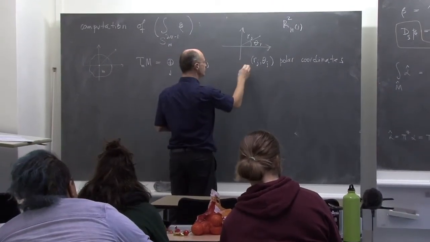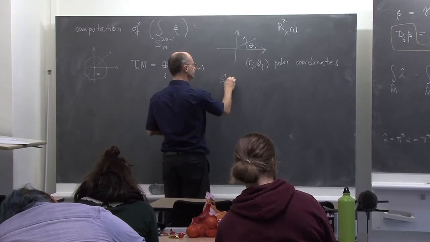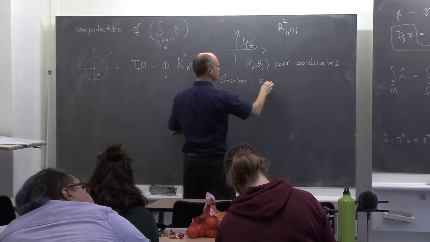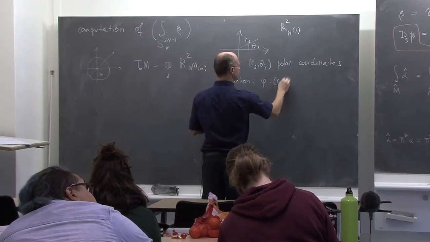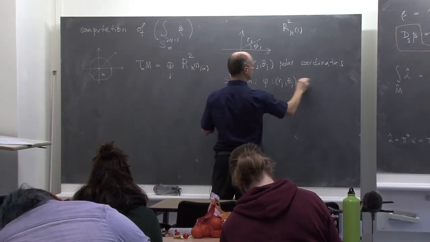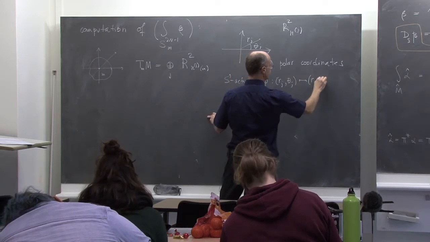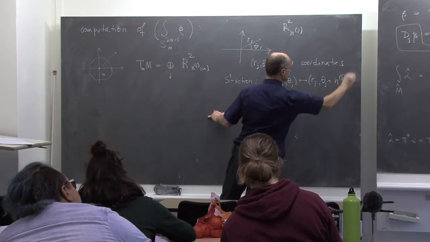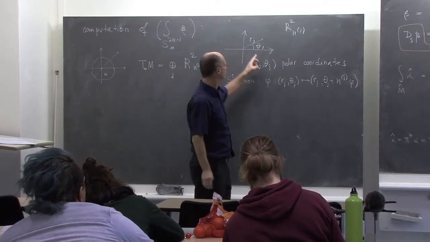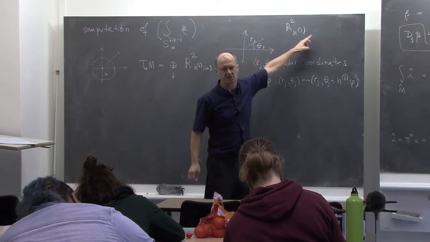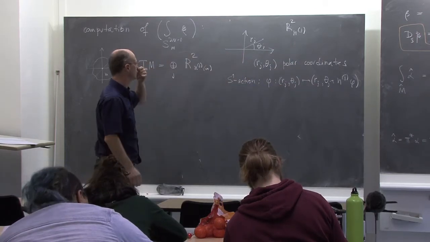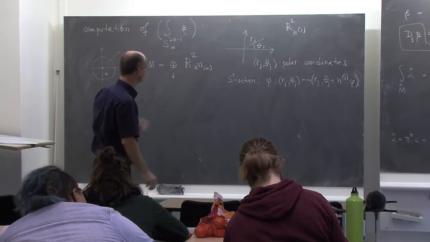So the S1 action here works as follows. Phi maps r_j, theta_j to r_j, theta_j plus N_j phi. Perhaps I drop for a while this index m, which corresponds to the fixed point. At the moment, I'm only looking at one fixed point.